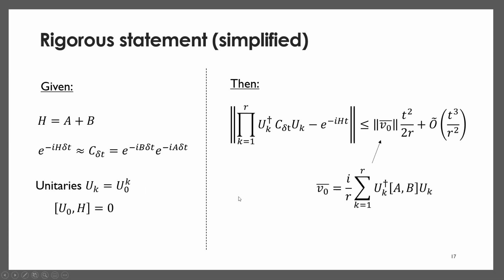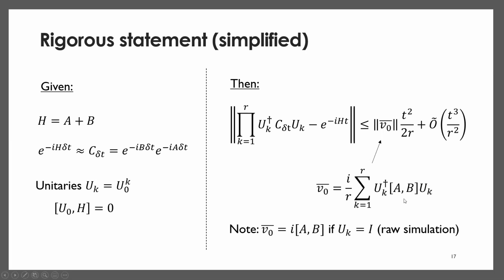Given these assumptions, we can prove that the error of a symmetry protected simulation will be upper bounded by this quantity, where at the lowest order, it is just the commutator between A and B, averaged under the unitary transformation. You can also notice that if this UK is just the identity, which is the case in a raw simulation, then we recover the commutator form of the error in a standard Trotter simulation.